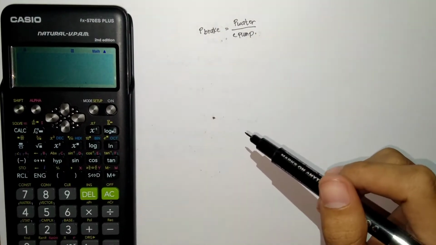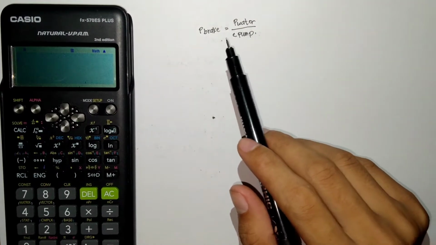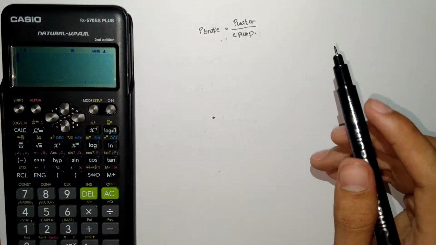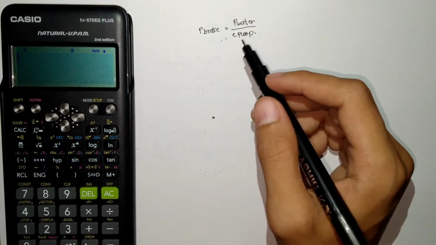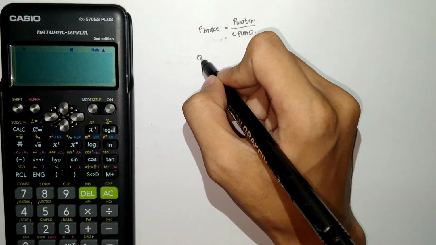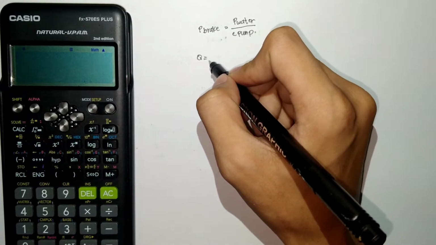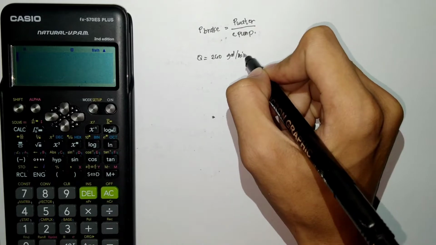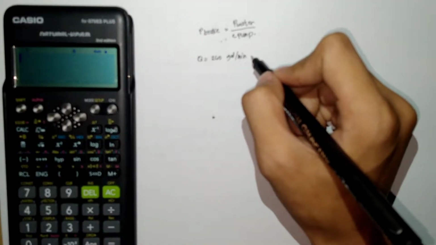So this problem requires us to calculate the brake power using the formula: brake power is equal to water power over the pump efficiency. So calculate the water power. We have Q, or volume flow rate, equal to 260 gallon per minute. So convert to feet cubed per minute.